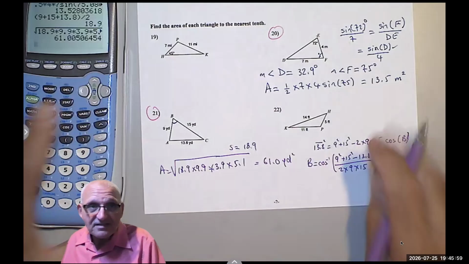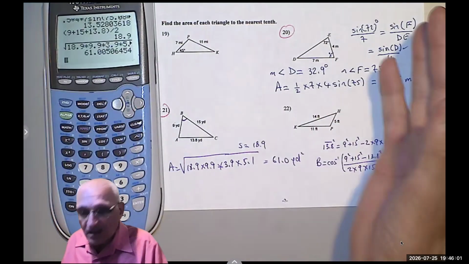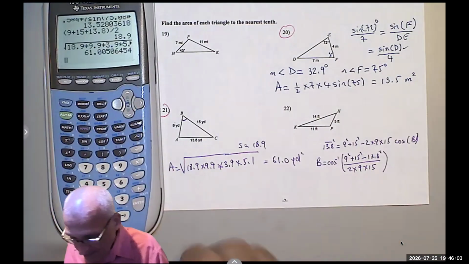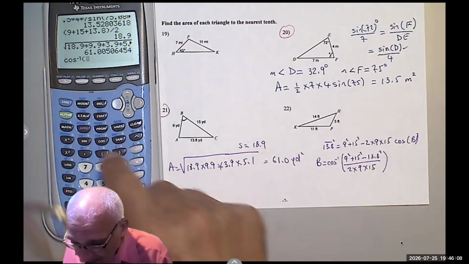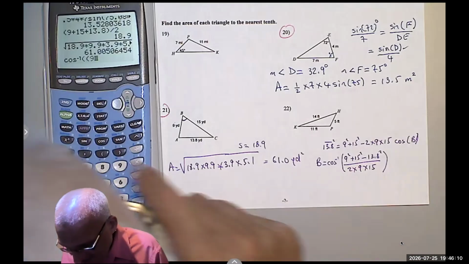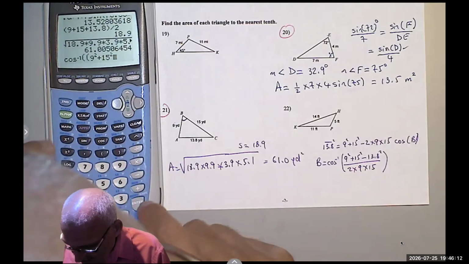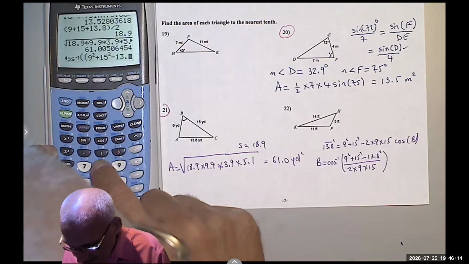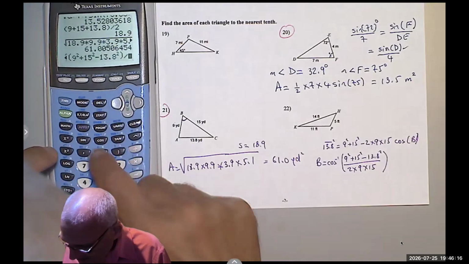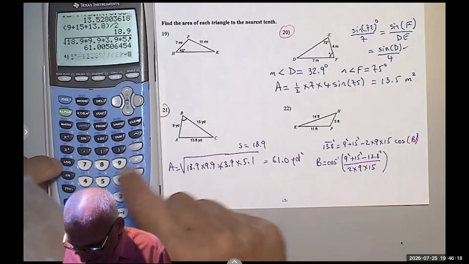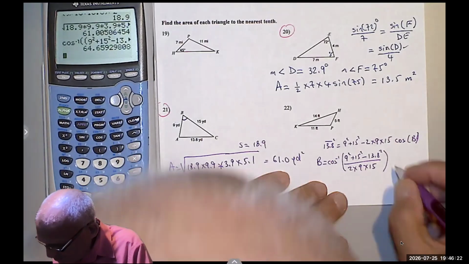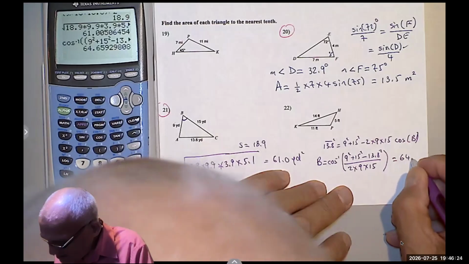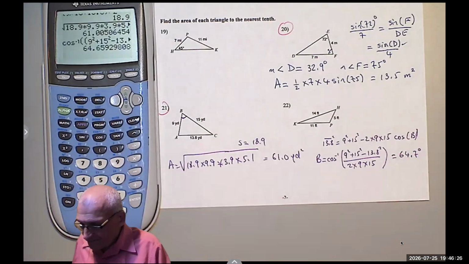Just to check our answer, I'm going to check to see if we did it correctly because today I'm making too many mistakes. 9 squared plus 15 squared minus 13.8 squared divided by 2 times 9 times 15 gives 64.7 degrees.